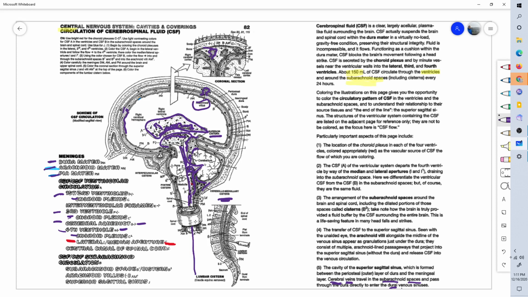It's created by the choroid plexi in the ventricles. And the veins will collect this cerebrospinal fluid and process it as waste, I suppose, and take it into the bloodstream to be excreted, and then more will be renewed in the choroid plexi.